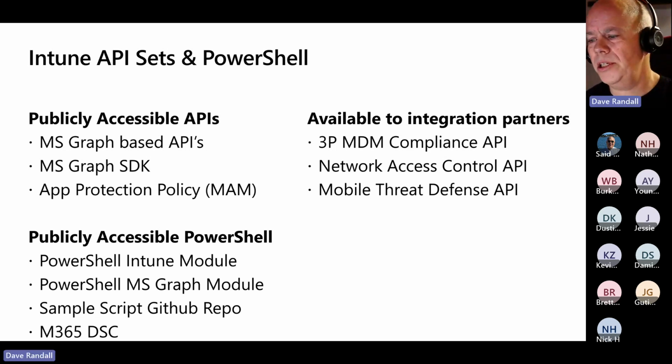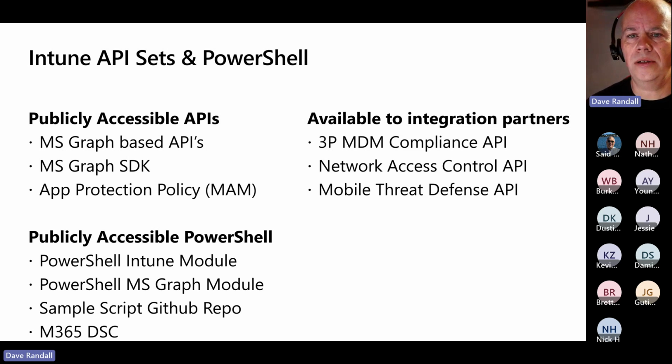So that's all on PowerShell. And then the last one is a little more specific to usually ISVs that are interested in performing a specific type of integration with Intune. So the first one, third-party MDM compliance API, you may be a little bit more familiar with this actually as a customer to Intune, or even to some of the third-party MDMs like VMware.